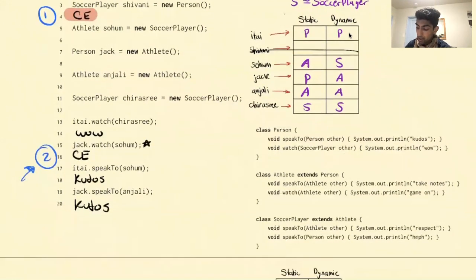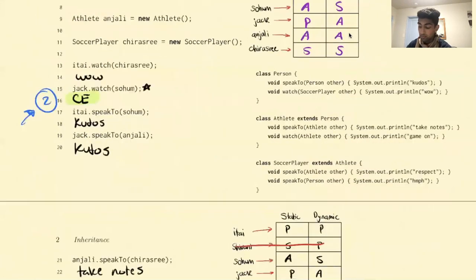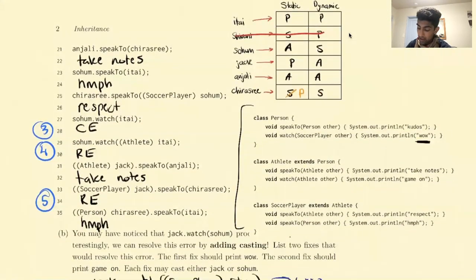Okay, and then for the second one, we actually fixed that in part B. So we have these 3 errors left, okay? Walking through these errors one by one, I'm actually going to group up 3 and 4 together. Now I'm going to argue that we can never actually watch Itai. And what do I mean by watch Itai? I mean have Itai passed in as an argument to the watch method. This will never occur.